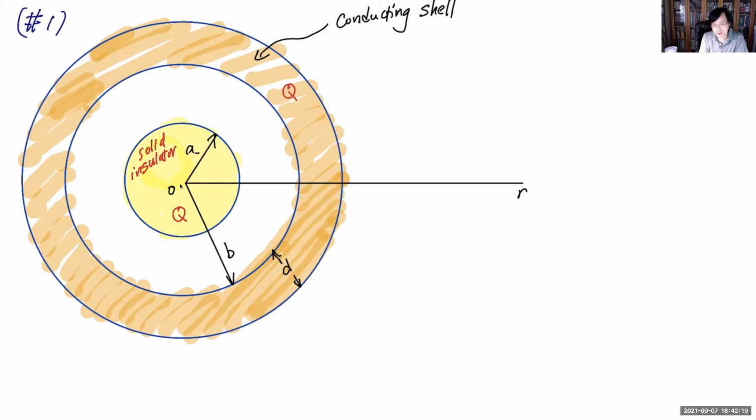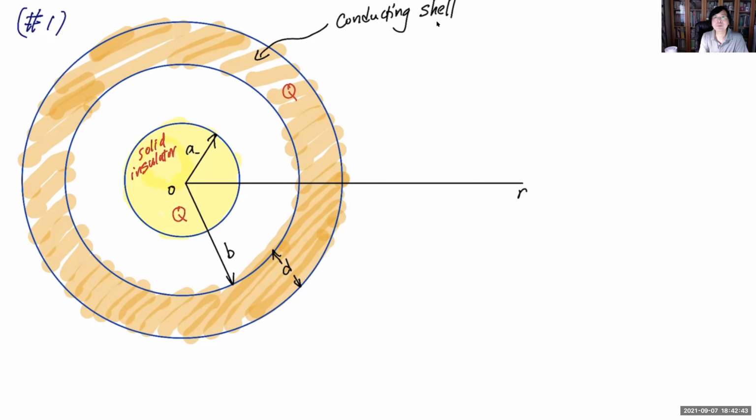So start from the center. How do you find the electric field of the solid part? By the way, it's an insulating sphere with uniform charge distribution. Let me ask you this question. If this is a solid conductor, not insulator, is it possible to have a uniform charge distribution inside?